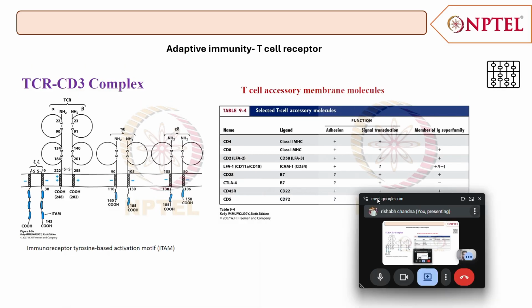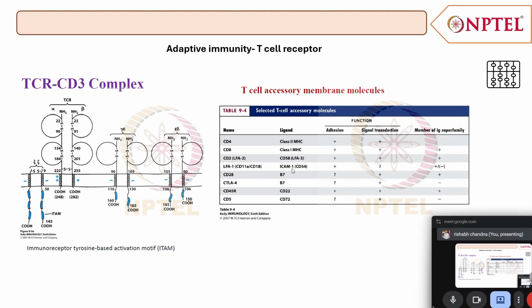Now we'll see the CD3 complex. So this is the T cell receptor, and these are the different receptors, that is gamma epsilon and epsilon delta receptor of the T cell that is also present on some T cells, and we have the ITAM, that is immunoreceptor tyrosine based activation motif.